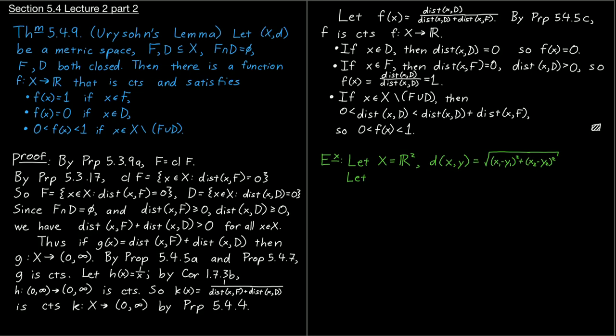We're going to let D be the diagonal. We'll take that as all the points x1, x1 such that x1 is a real number. And we'll let F be this hyperbola. We'll take it as the set of all points x1, x2 such that x1 squared is x2 squared plus 1.